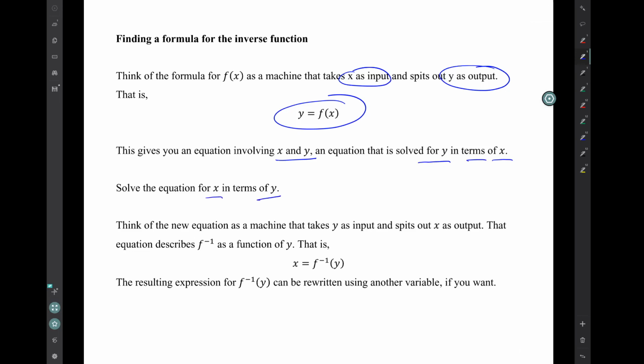You get a new equation. Think of that equation as a machine that takes y as input and spits out x as output. That equation describes f inverse as a function of y. So that resulting expression for f inverse of y could be rewritten using another variable if you want, but I prefer to just leave it as it is.